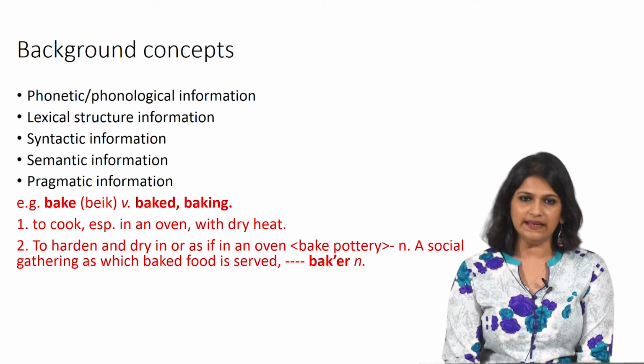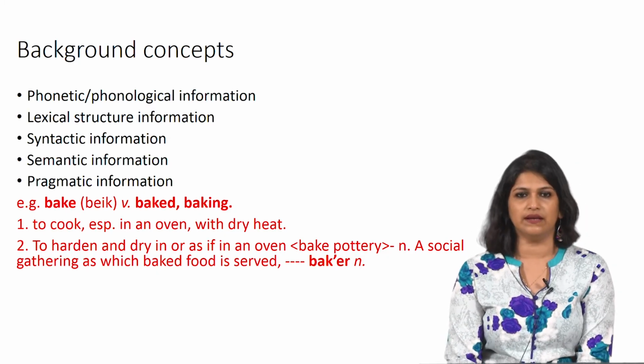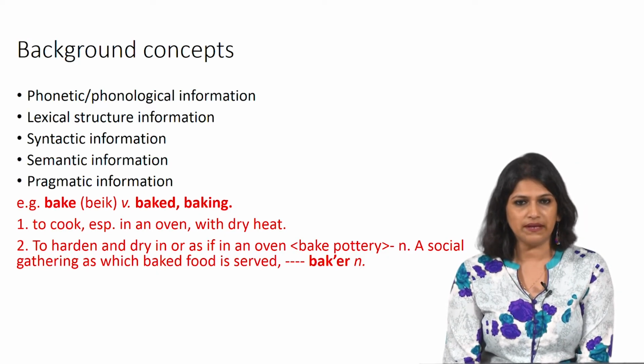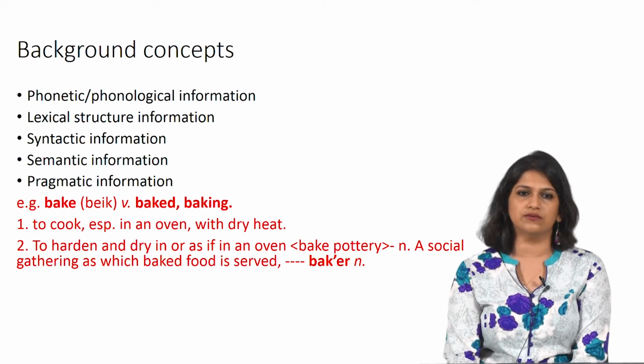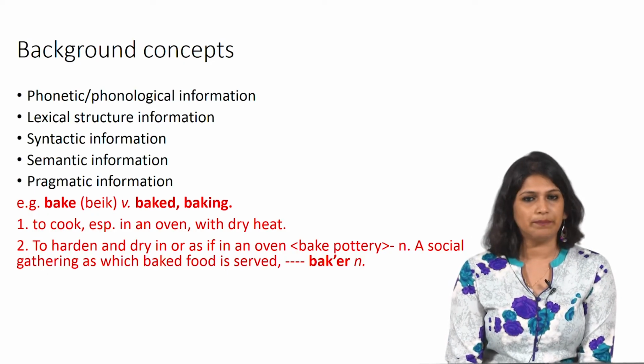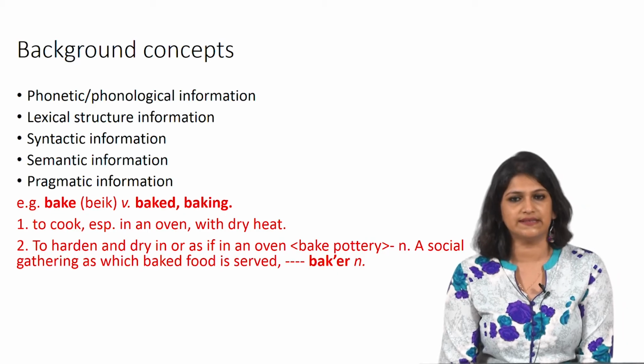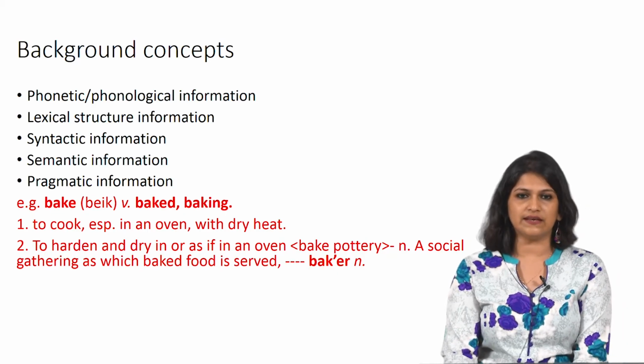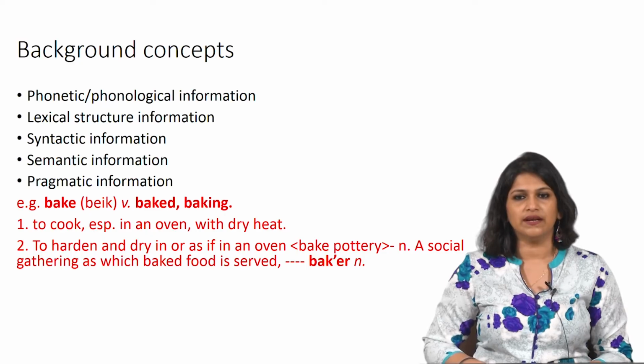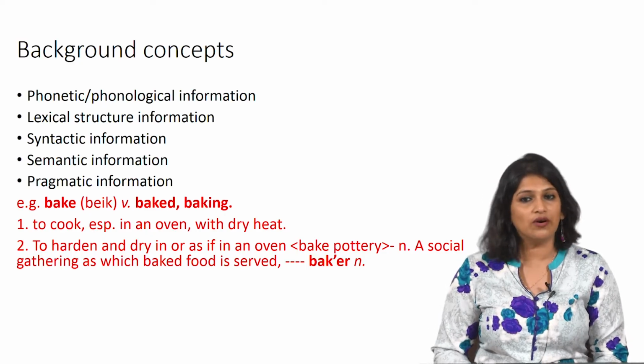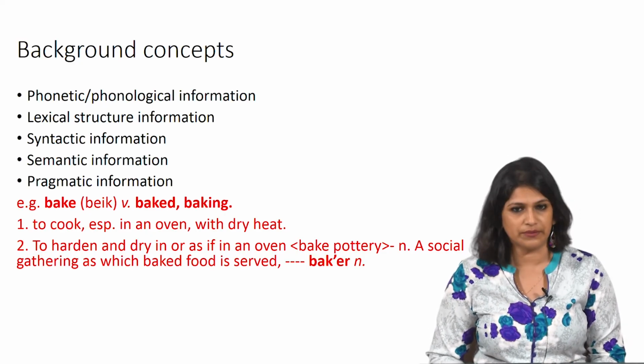And syntactically, I mentioned it can be used as a VP or verb phrase. It can also be used as an adjectival phrase, depending on the situation in which it is put. In the case of pragmatic information, it can also have a non-literal interpretation.